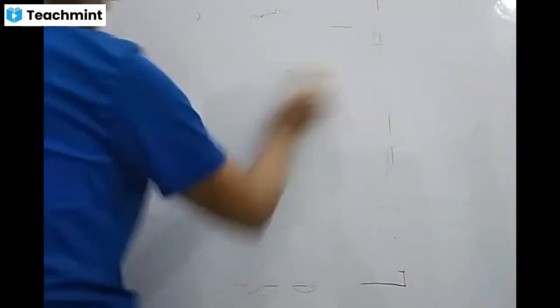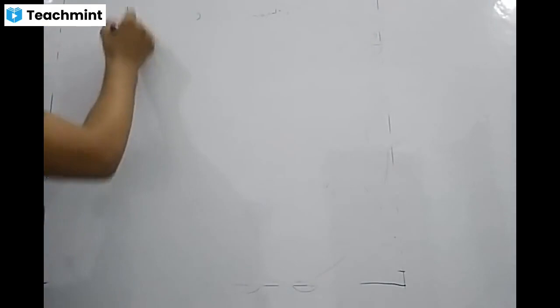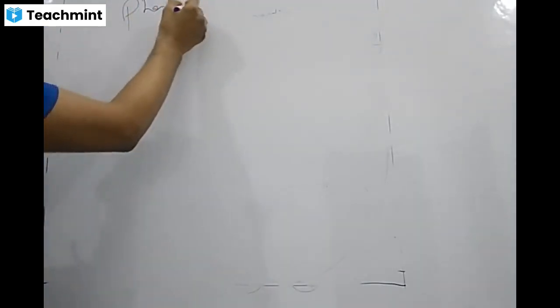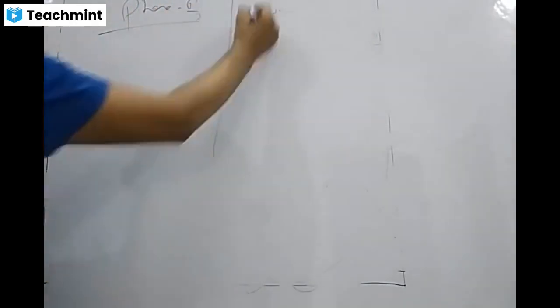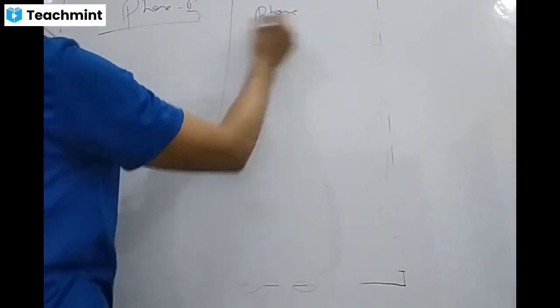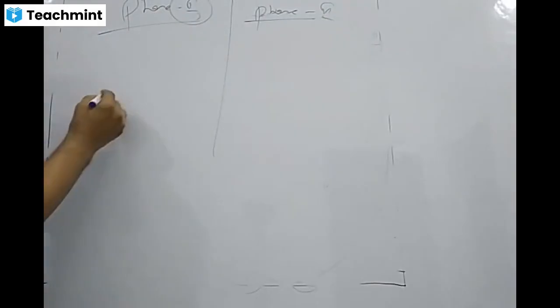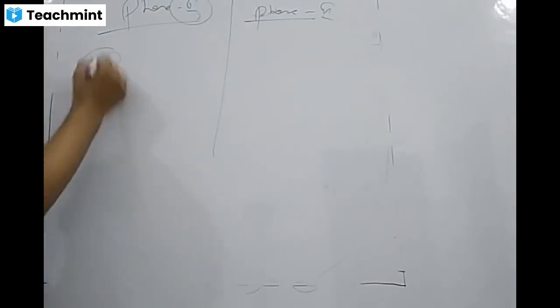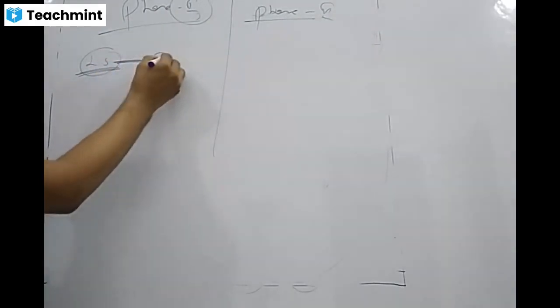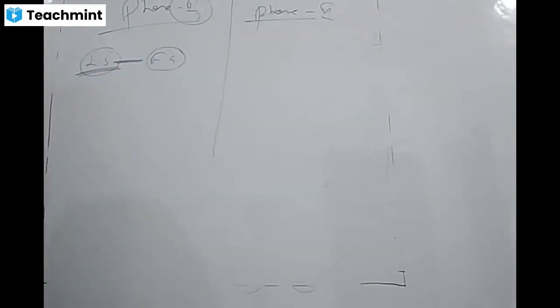So metabolism or biotransformation, there are two phases. One is phase 1 and second is phase 2. In case of phase 1, suppose we have a lipid soluble drug. We add a functional group.